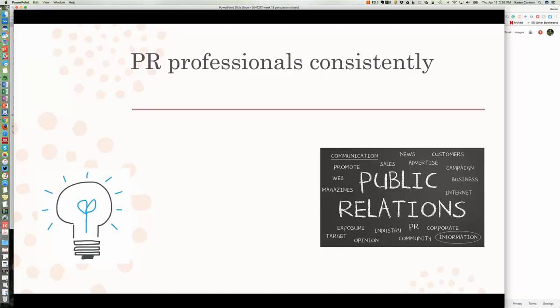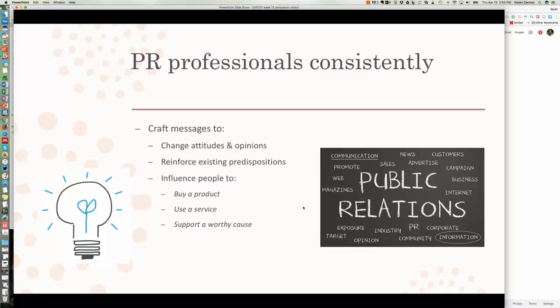So if you think about public relations professionals and what they do, well, they do all kinds of different things, as you can see in this image over on the right. Communication, providing information, in corporate settings, in communities. But fundamentally, public relations practitioners are responsible for creating messages that try to persuade people, to get people to change their attitude or opinion, or reinforce existing predispositions, opinions or attitudes.